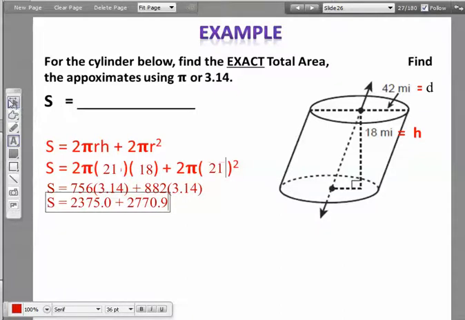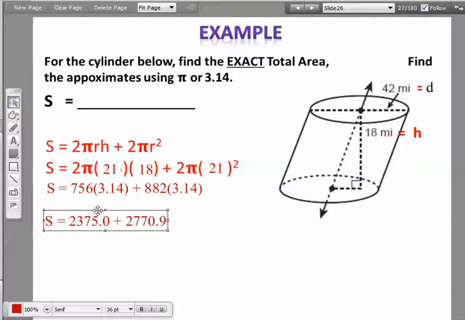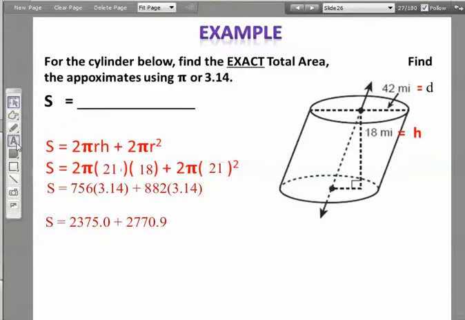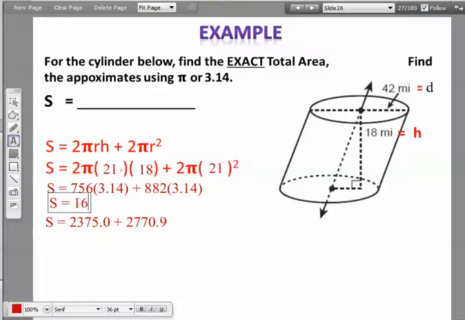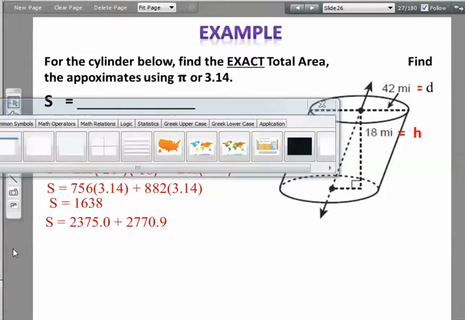Let me go back and do something right quick. I left out a step. If I'm going to do the exact, I'm leaving it in terms of pi. Don't forget that. So if I'm going to do the exact, I'm going to have 756 plus 882 give me 1638, and I know I have a pi symbol in here. There we go.